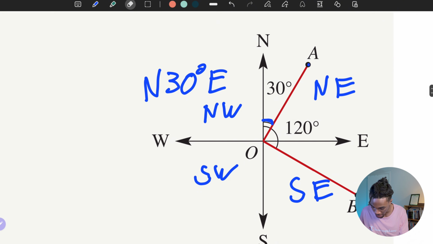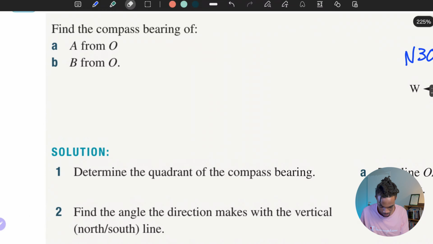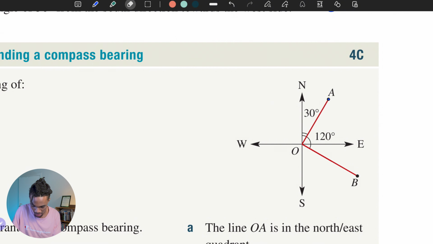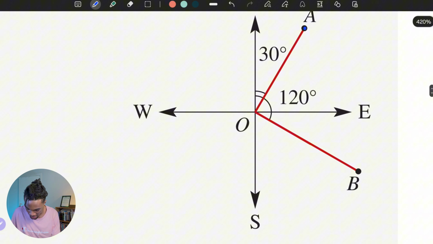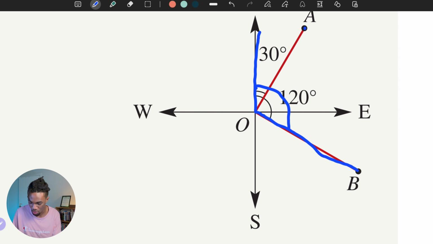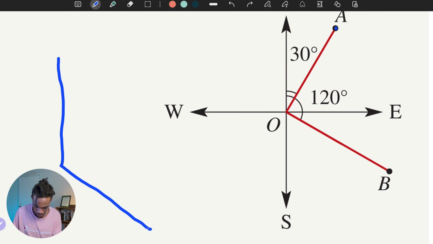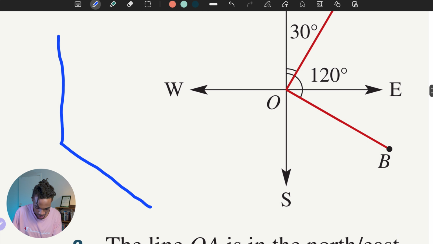And what about the compass bearing of B from O? If this is 120 degrees, so here to here is 120 degrees as labeled, we can think of it like a cake. Let's say there are 120 slices in this cake.